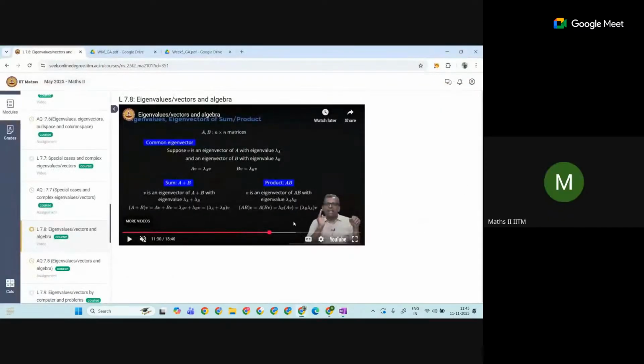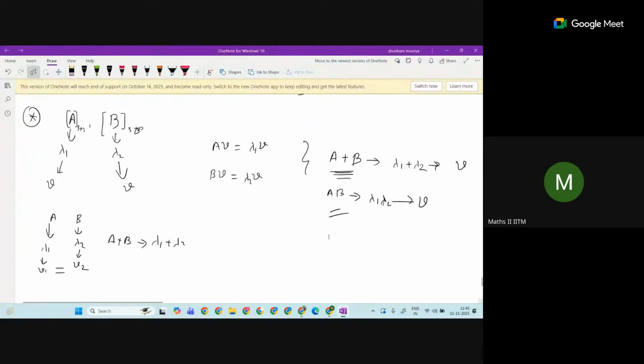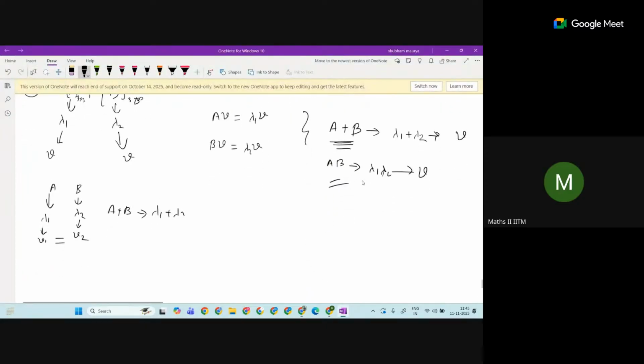Okay. The last property, see, these are all actually useful. There is one another: the power k. The power is actually just an extension of this one. If you have matrix A which has eigenvalue lambda, then the eigenvalue of A power k is nothing but lambda to the power k.